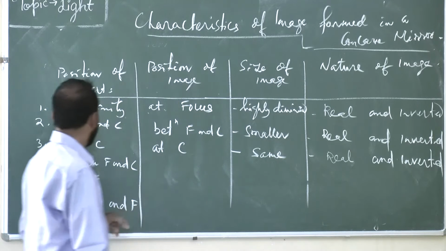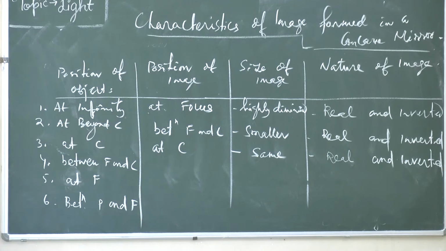Real and inverted. Then for the object between focus and center of curvature, F and C, where will the image form? Tell me. Beyond C. Pakka?